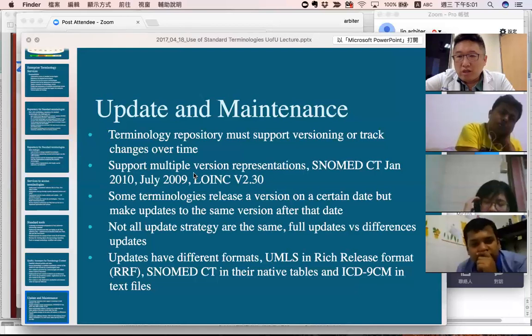If the first year maps to version A, the second year to version B, and the third year to version C, and the worst scenario is every year they map to a different LOINC code, then we cannot just write a program that converts all the LOINC codes to the latest LOINC code. So far there's not much discussion about that, but maintenance is a big issue.